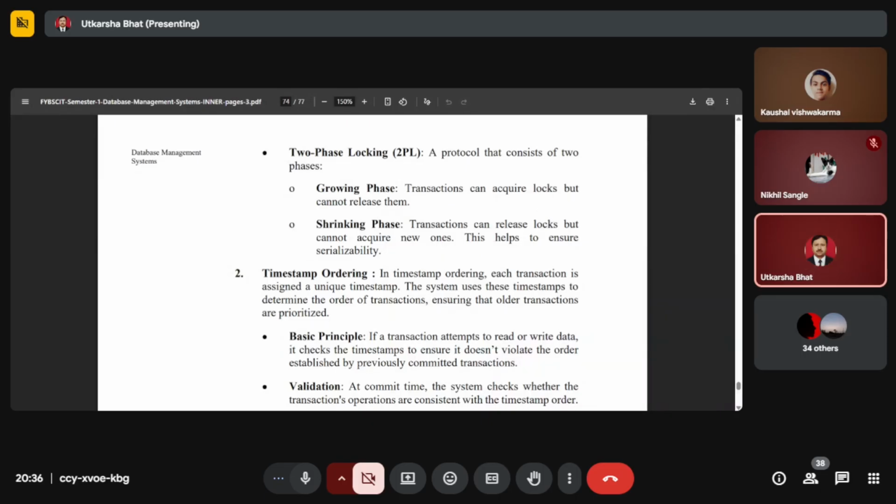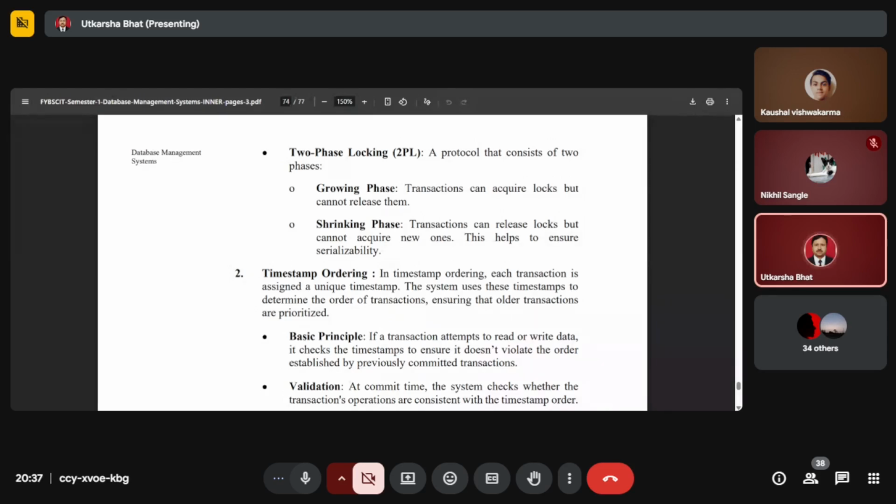Timestamp ordering, each transaction is assigned a unique timestamp. The system uses the timestamps to determine the order of transactions, ensuring that older transactions are prioritized.